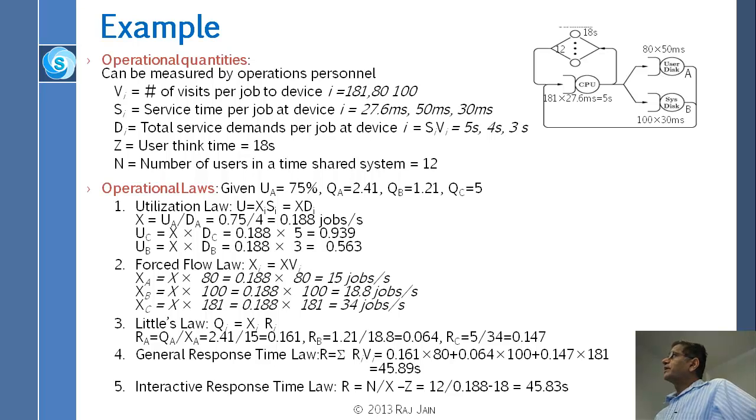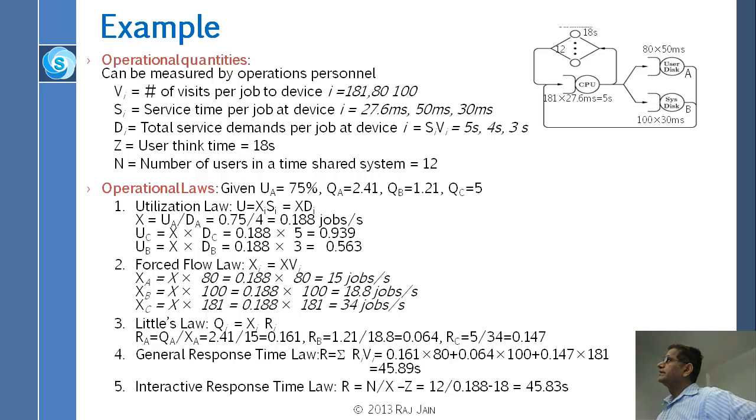Somebody measured these three queues and found one utilization. Based upon this, what can we say? We wrote down those formulas, and this is the kind of thing you will get in the final exam. You will be given some quantities, and you will have to determine the rest. Some are given, and some are derived. The utilization law is U_i equals X_i S_i, which is the same as X times D_i.